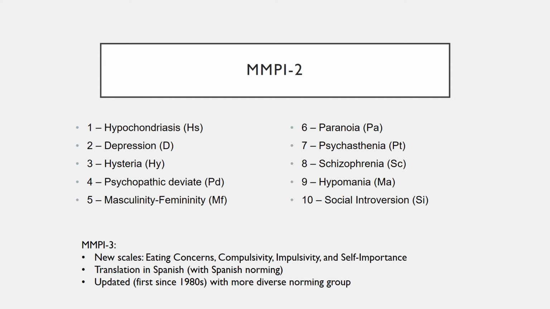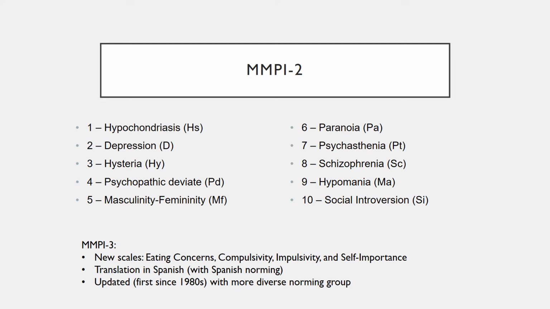It is a bit unique in that it has some validity scales built into the readout. The original version of the MMPI has something like 560-some questions, and it's designed very specifically to have validity questions built in to make sure it's as accurate as it can be.